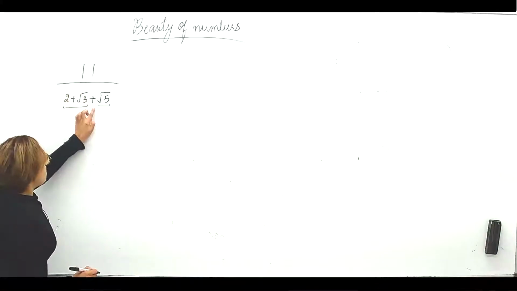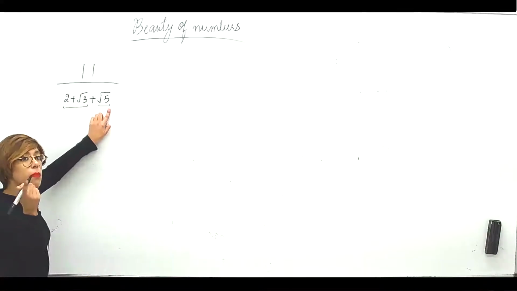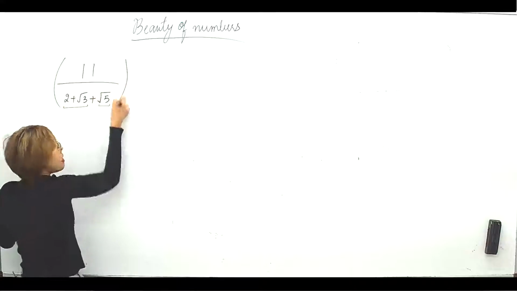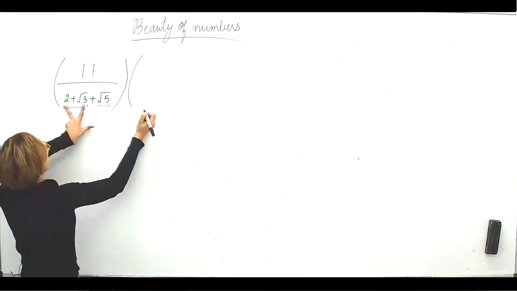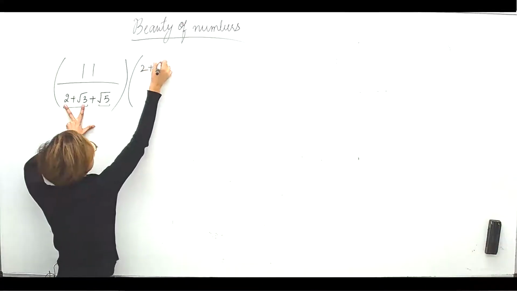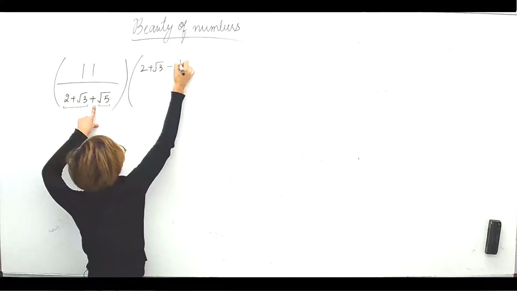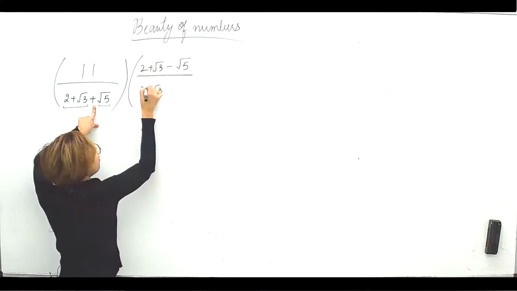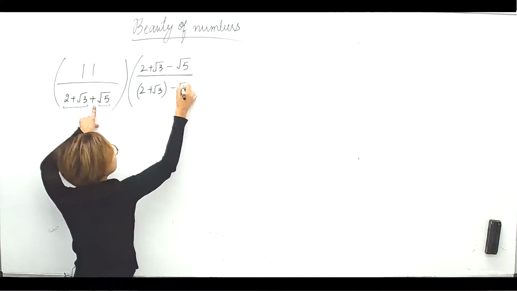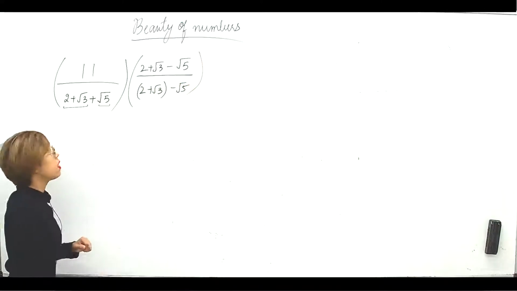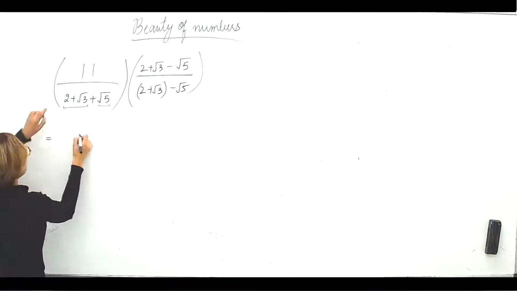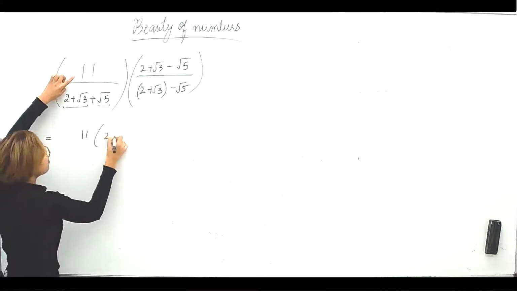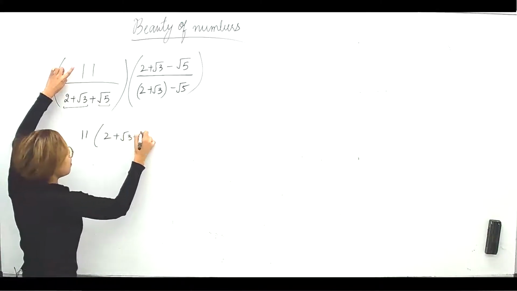Now a plus b, that means I need to multiply by a minus b. So a is this 2 plus root 3 minus root 5. We'll divide by 2 plus root 3 minus root 5. Right? Okay. Now numerator obviously 11 into that 2 plus root 3 minus root 5.